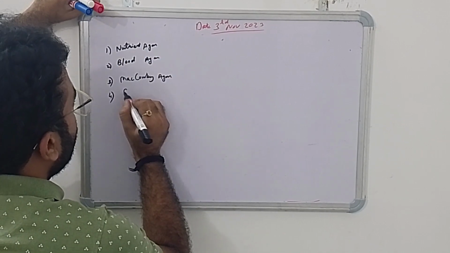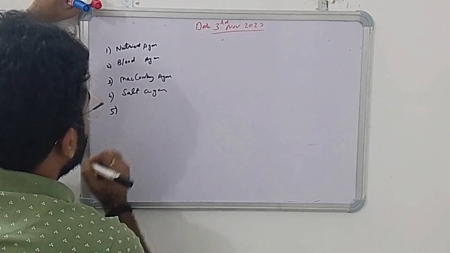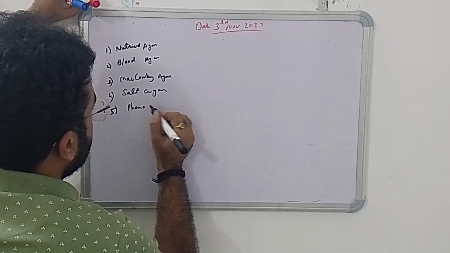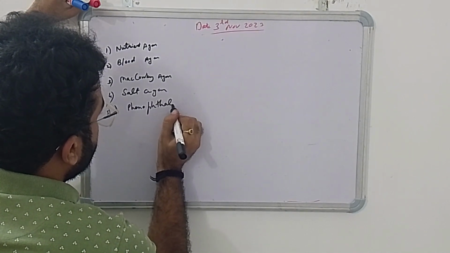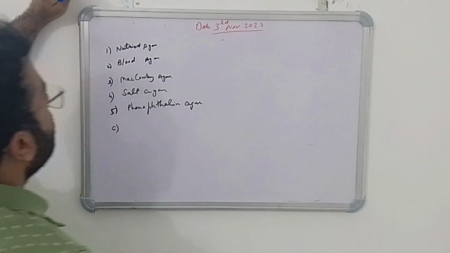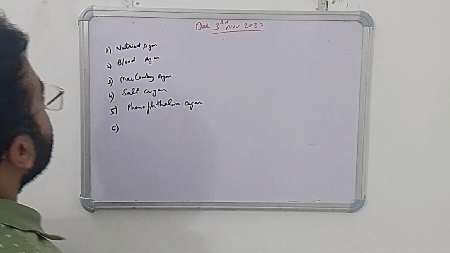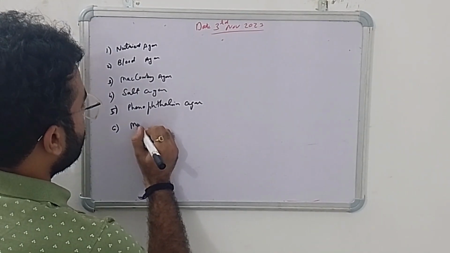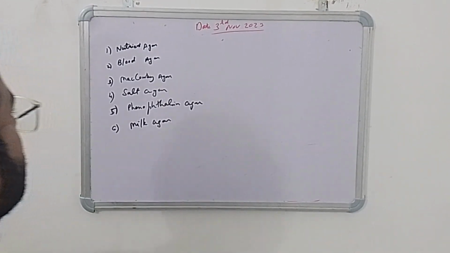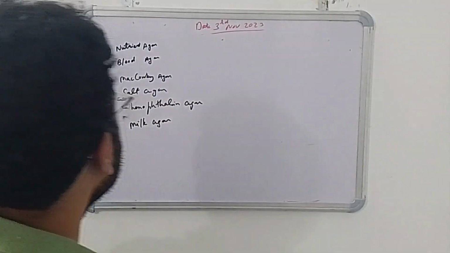You can use salt, so it will be called salt agar. You can use phenolphthalein agar. Everything has its own special thing. Also, I forgot one thing, milk agar. It's very important. So these 6 agars, there are many agars in the market, but these 6 are very important.